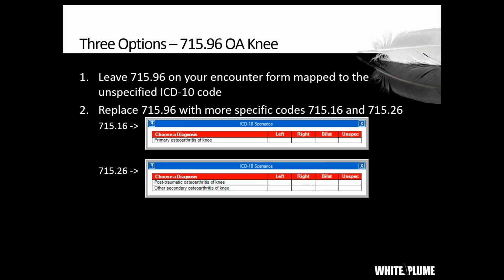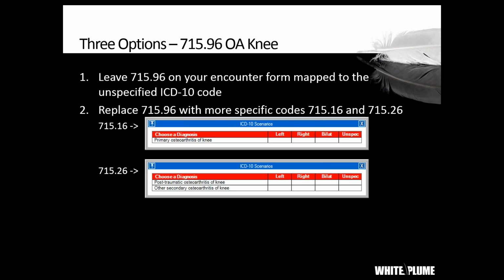They have the options for left, right, or bilateral. They have the options for primary or post-traumatic or other secondary osteoarthritis. Now, the downside to that solution is it requires a forms change. It's going to take up more space on your form and may disrupt the muscle memory of your providers.